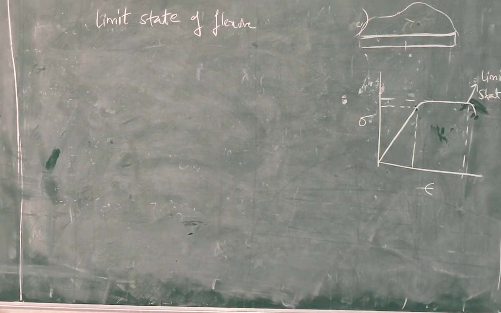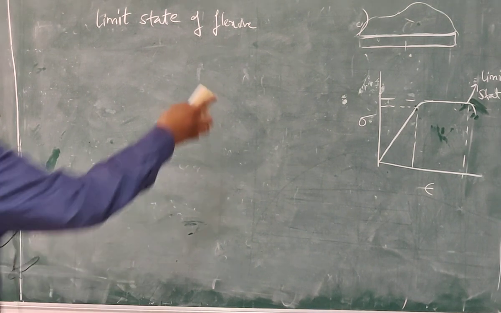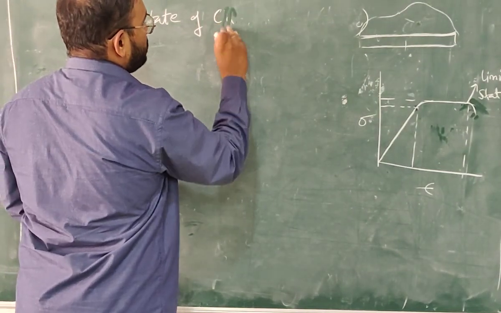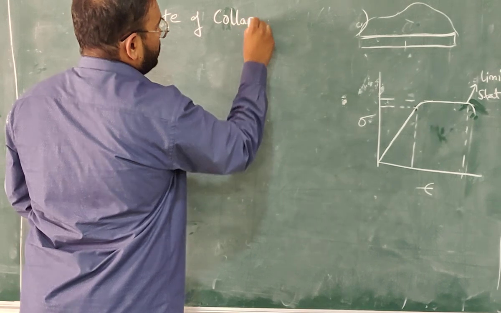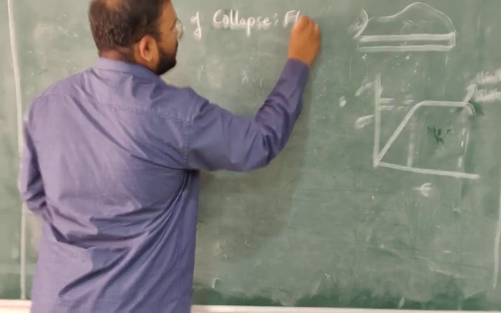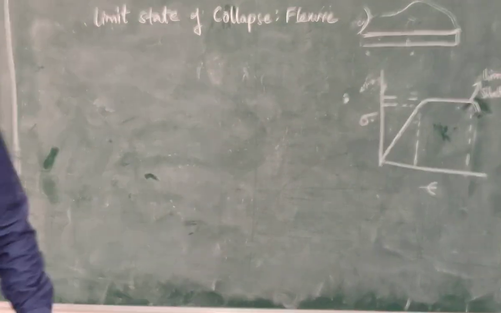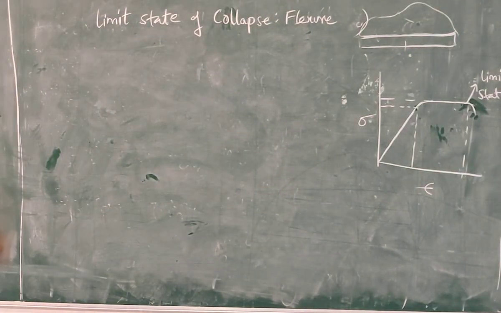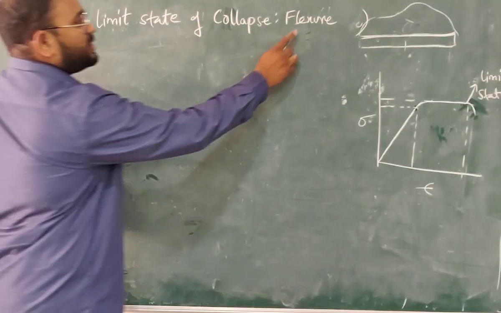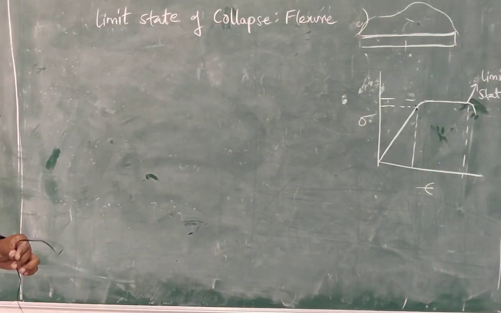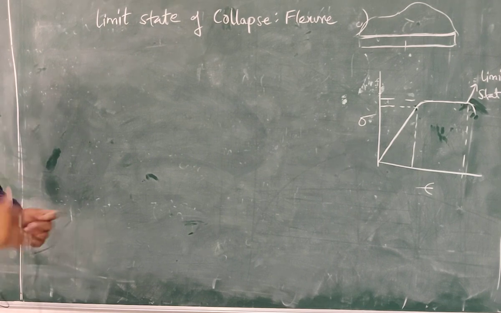Flexure is a classification of limit state of collapse. So under limit state of collapse, you write down flexure there. Flexure means what? I told you it is nothing but bending. So you will design the beam using bending moment in this case.